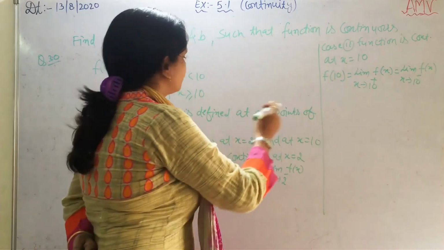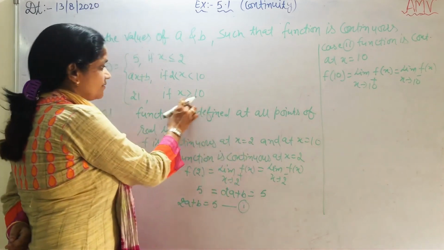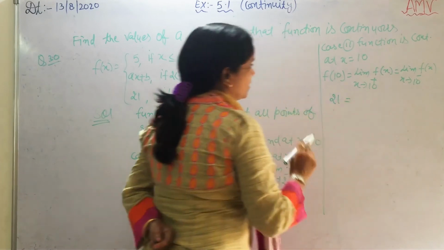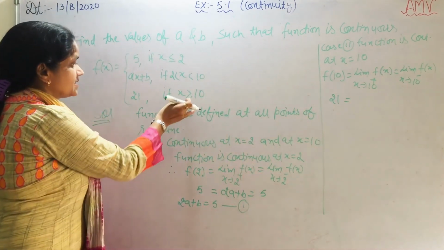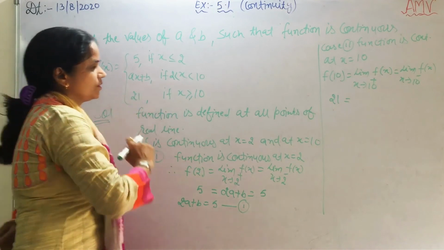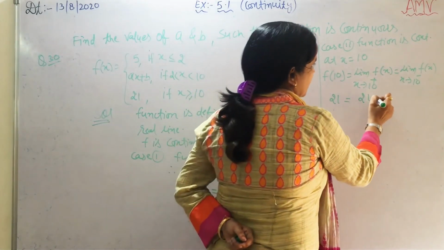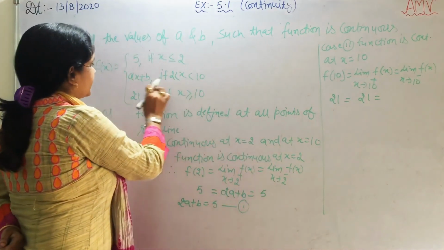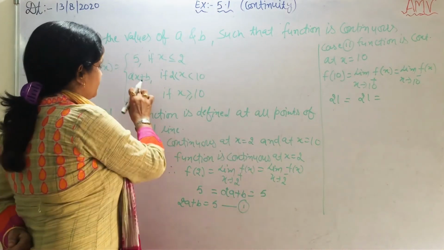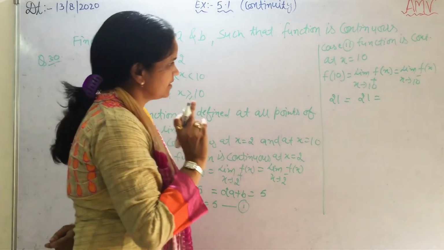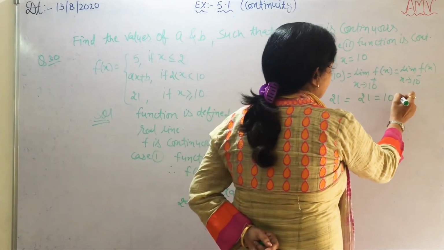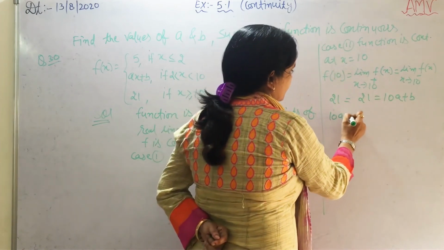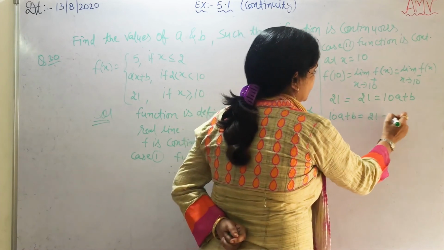Now find these values. f of 10, the value of the function, here it is 21. Now the right hand limit, when x is greater than 10, it is also 21 and the left hand limit when x is less than 10 is ax plus b, and in place of x you have to write 10. So it's 10a plus b and we get that 10a plus b is equal to 21.